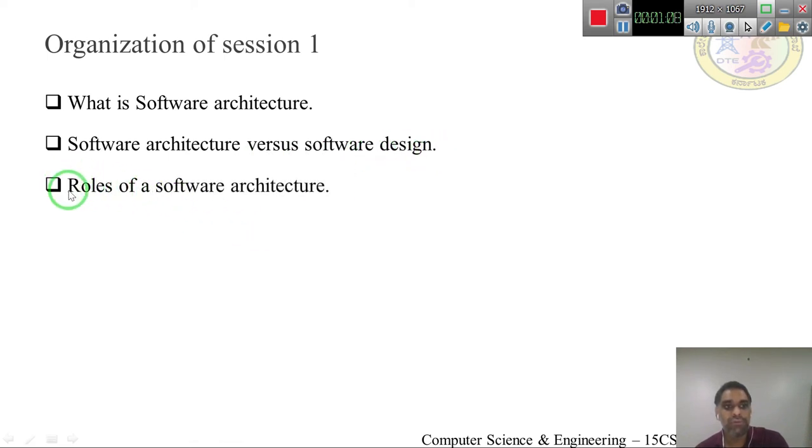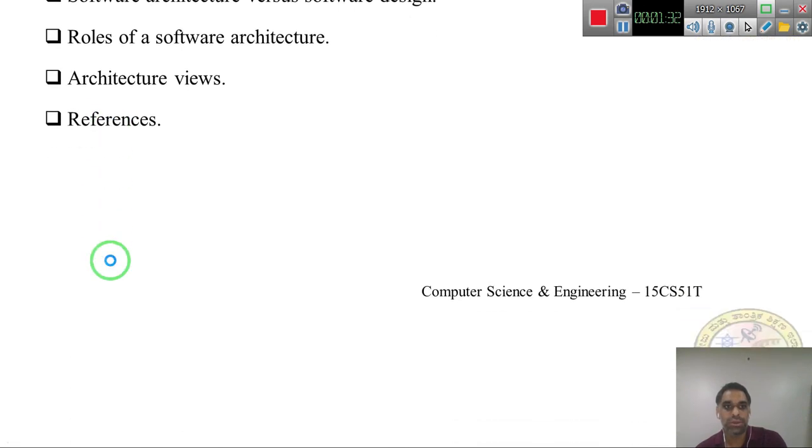Third, we will see the different roles played by software architecture, why software architecture is important in the overall software development lifecycle. And fourth, we will discuss the different views of architecture. So this is about the topics which I am going to cover in session 1.